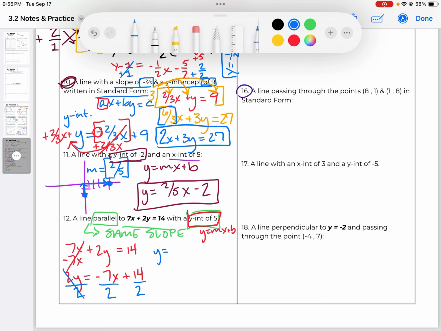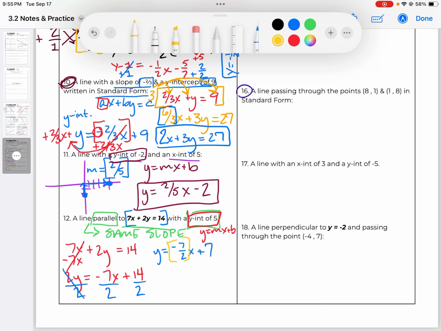So that leaves me with y equals negative 7 over 2 x plus 14 over 2 is 7. So is that my answer? No. This is the given line in slope-intercept form, which allows me to find my slope.